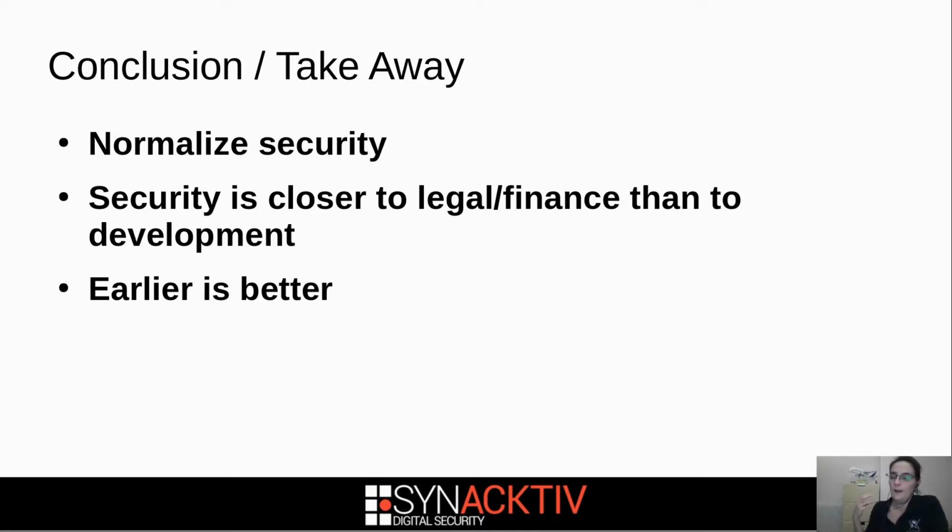Also, look closer at legal and finance, because we're close to them, and they do things that work. We should be inspired by them. And finally, you know that if you do security, earlier is better. The earlier we go into a project development, the better we are, the more effective and the less painful it's going to be.